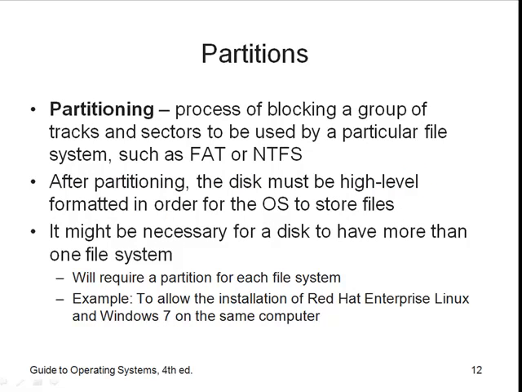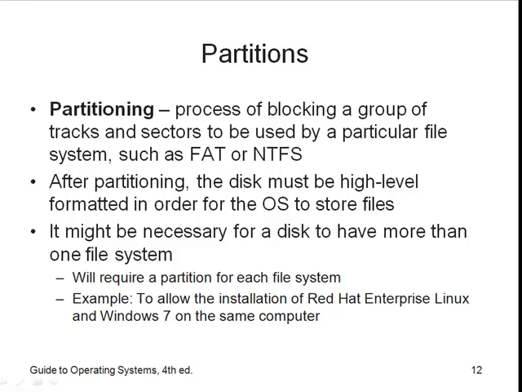Partitioning. Now, as I said before, file systems come with a utility that allows them to partition a hard drive. We have to partition drives. It is one of the most rudimentary ways that we structure hard drives so that data can be stored on it. But partitioning is the process of blocking a group of tracks and sectors to be used by a particular file system, such as FAT or NTFS.